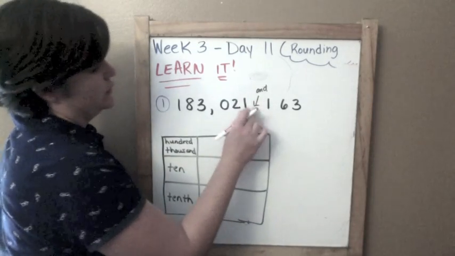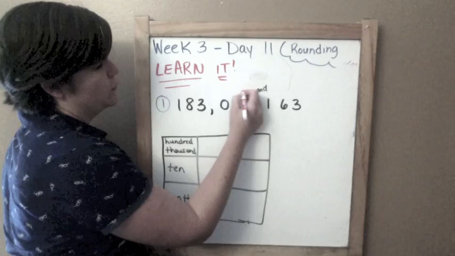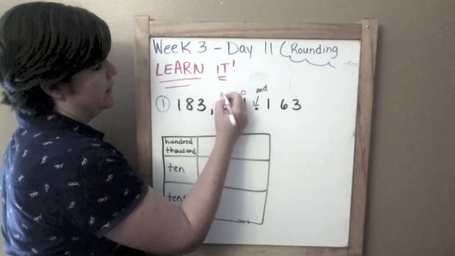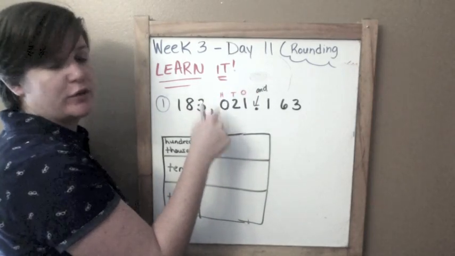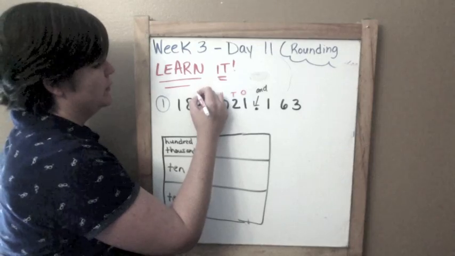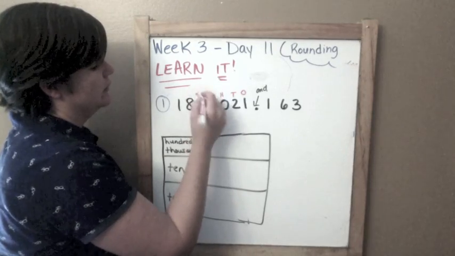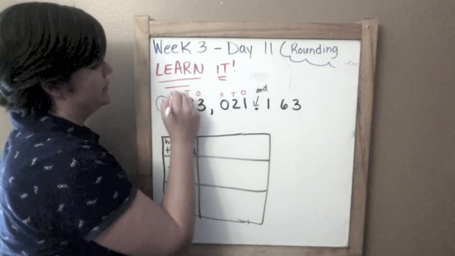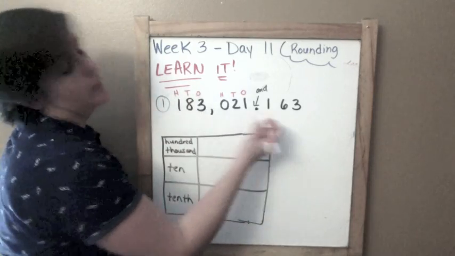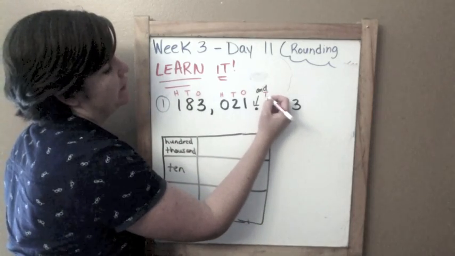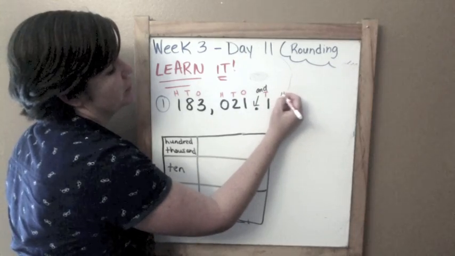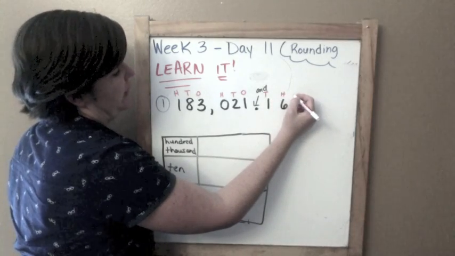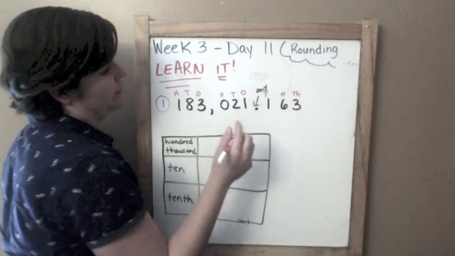Okay, I'm going to go ahead and put my places in. So I know this is decimal, so that means that this is the ones, tens, hundreds, even though the value of the hundreds is 0. We've got the 1,000s, 10,000s, 100,000s. Over here we have the tenths, hundredths, and thousandths.